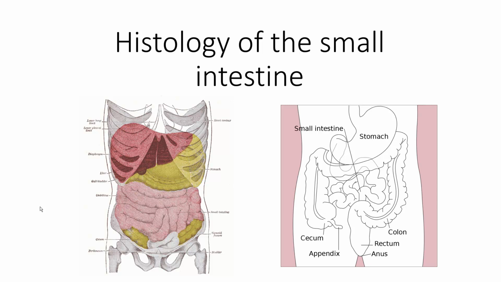So your small intestine is kind of the transition between some important digestive processes. Digestion, both chemical and physical digestion, is completed in the small intestine. The small intestine is also where the vast majority of absorption takes place.